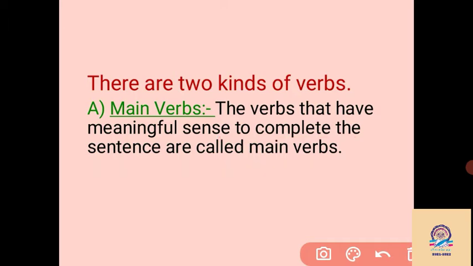If we see the verb, then we can understand what the sentence tells us, because by seeing the verb we can see what the subject is doing. The verb that gives us the meaning of the sentence and completes the sentence is called a main verb.